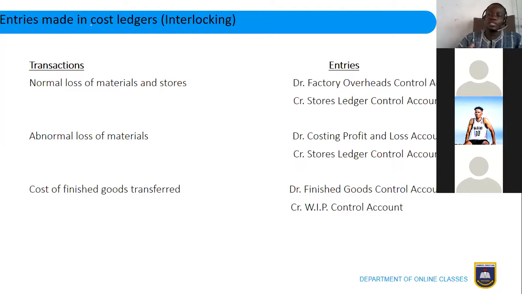So now, let me start with the easy one first. Why are we crediting stores ledger control account? Normal loss of material, and we are crediting stores ledger. Why are we crediting stores ledger? Yes, Shina. Say it's because materials are leaving the store, like, it's being wasted.